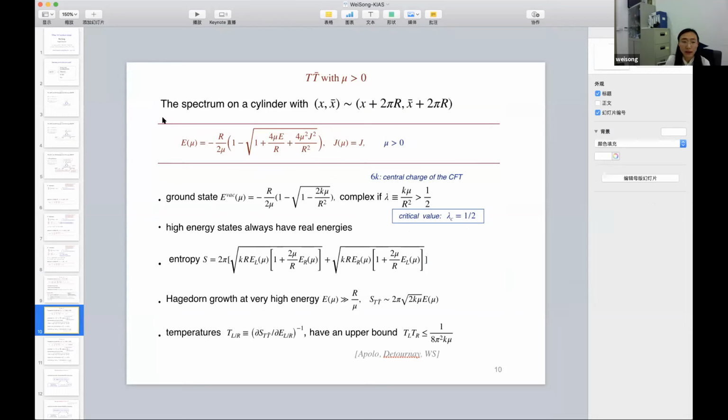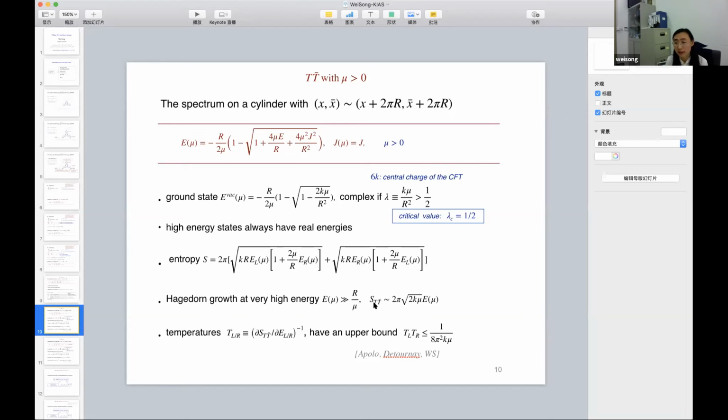Then by staring at this spectrum, one notices that at high energy, there's nothing wrong with this, while the energy is still real, except that if it is above a certain value, the density of states would look like a Hagedorn growth instead of this Cardy behavior.